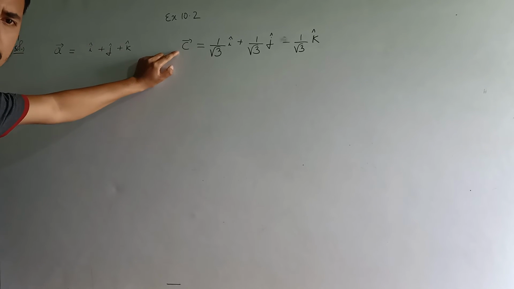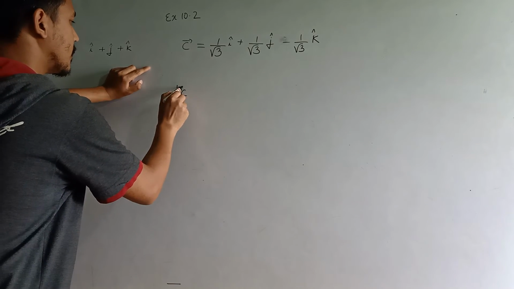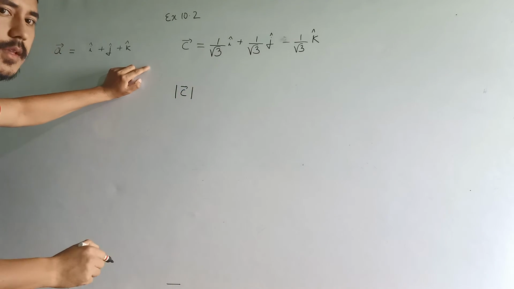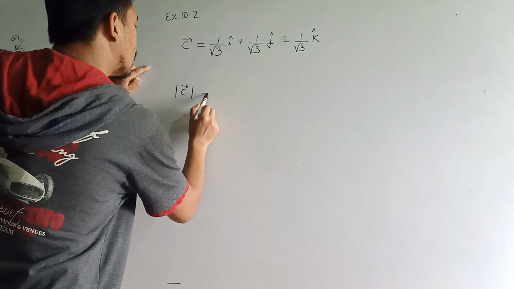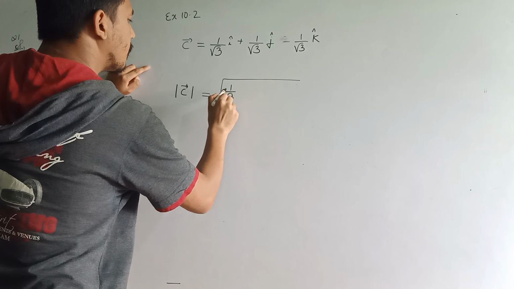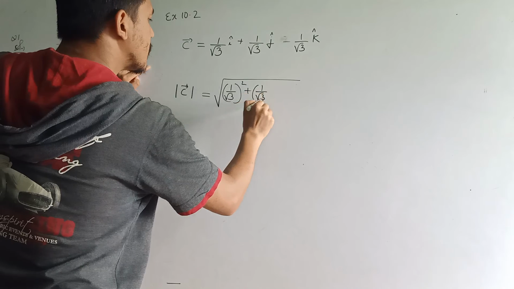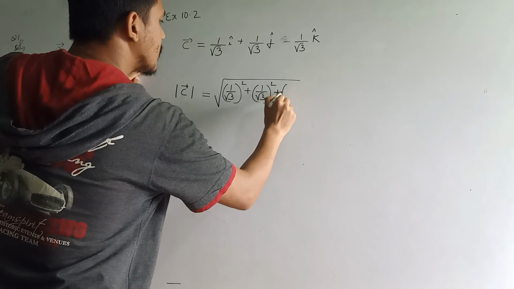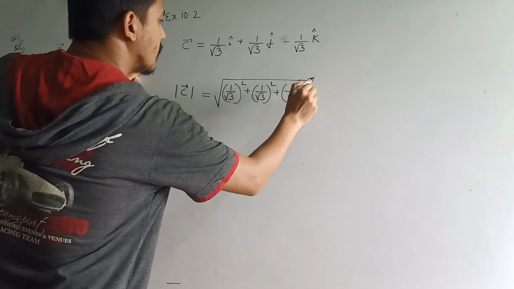This is your vector C. Then the magnitude of this vector will be represented like this, right? Magnitude of C is given by the square root of the x component squared plus the y component squared plus the z component squared. Is it okay?